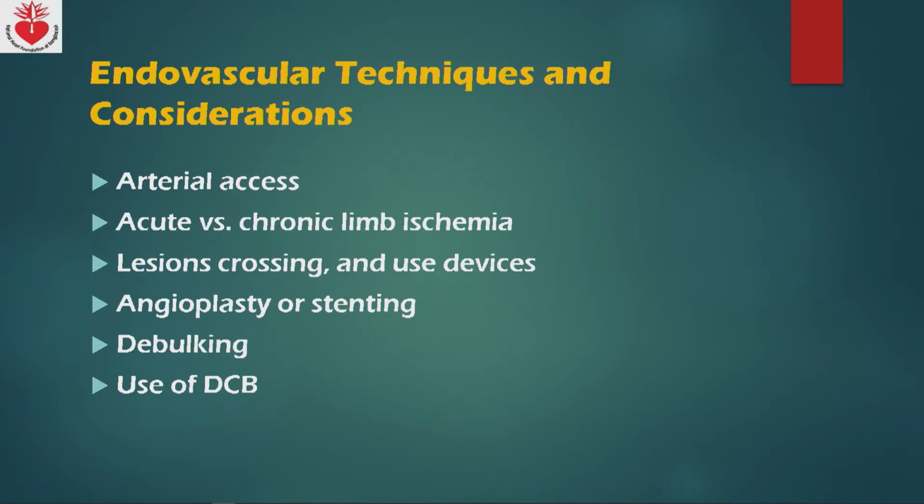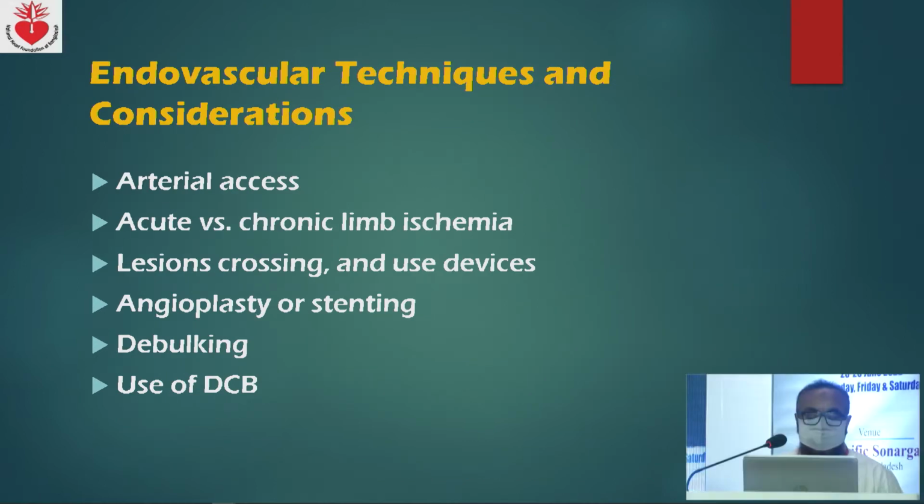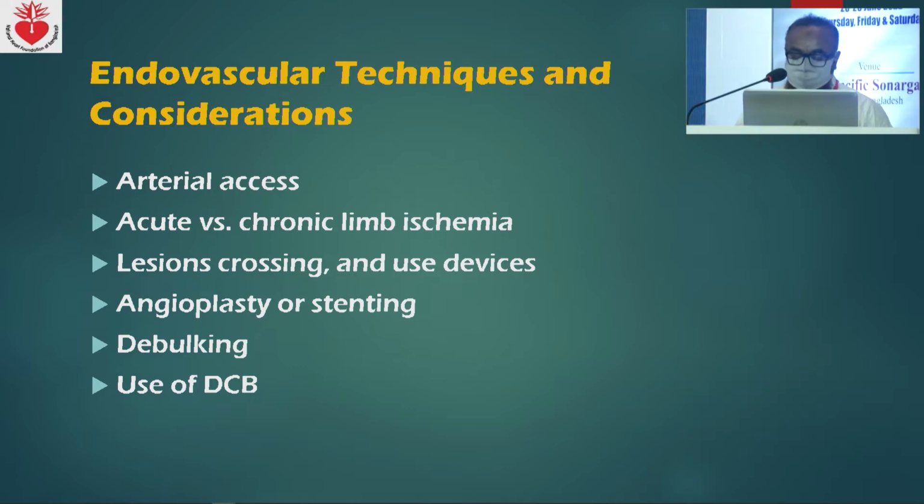For endovascular techniques, we have to consider some points regarding arterial access, sometimes contralateral femoral access, sometimes antegrade access when the lesion is at the lower zone, not involving the upper femoral, common femoral or iliacs.